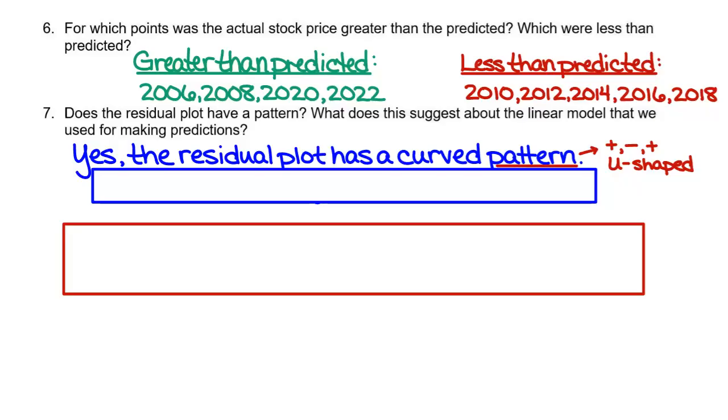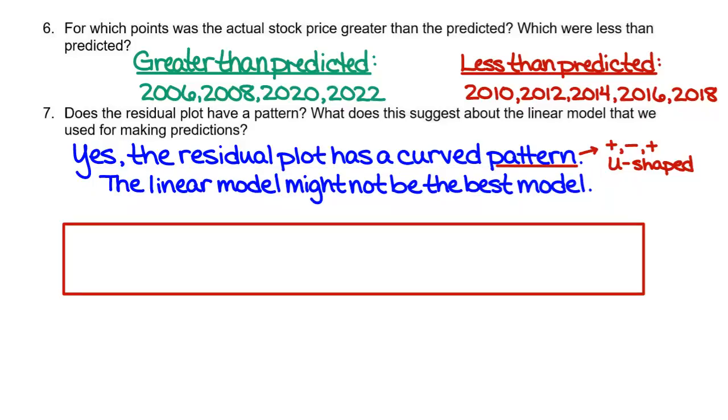It starts with positive residuals, then we've got some negative residuals, and then it ends with positive residuals again. Because that residual plot has a pattern to it, a linear model is probably not the best model.